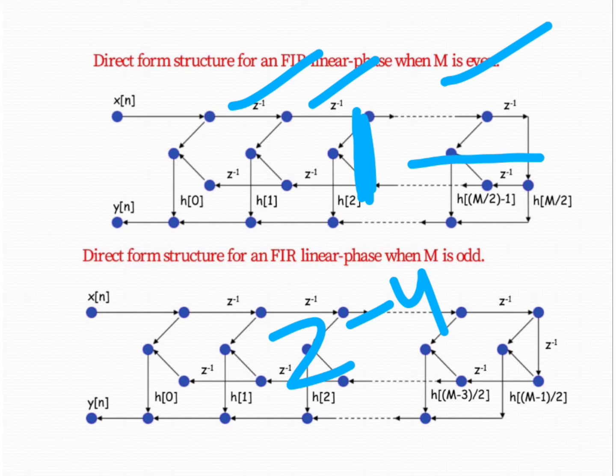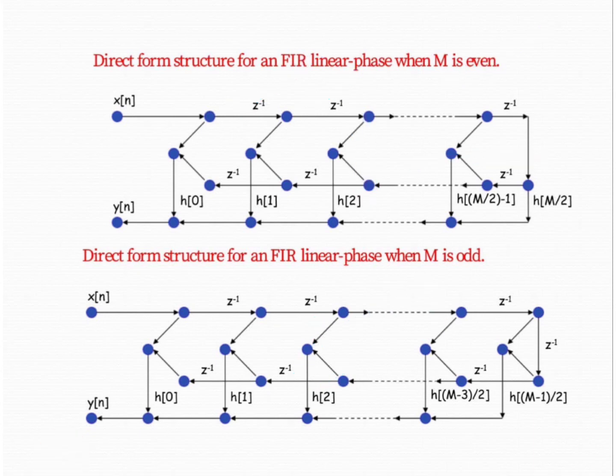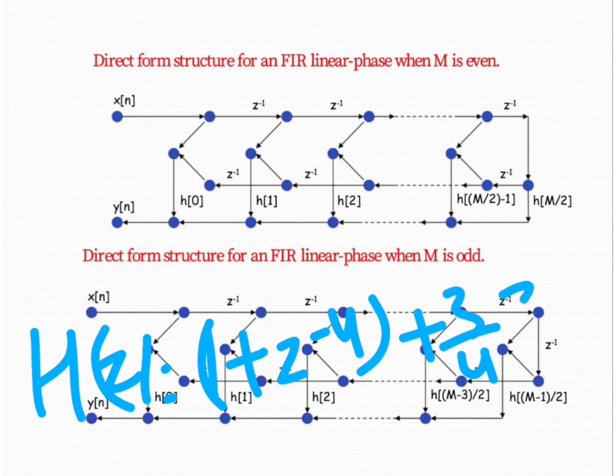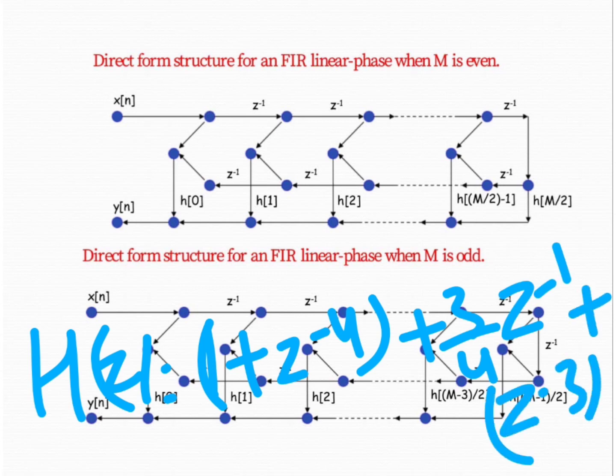So how are we using a single multiplier for multiple delay functions? As you can see, our equation is H of z equals 1 plus z to the power minus 4 plus 3 by 4 times z to the power minus 1 plus z to the power minus 3, plus 17 by 8 z to the power minus 2.